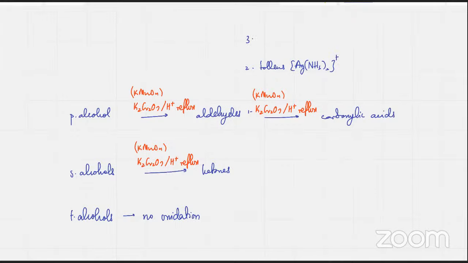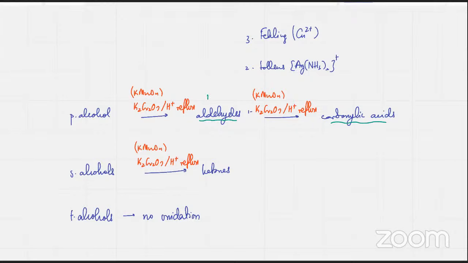And the third reagent does the same thing, aldehyde turning into a carboxylic acid. Number 3 is Fehling's, which has a copper 2+ ion. It's also known as Benedict's solution. It's a blue colored solution. So all three will turn an aldehyde into a carboxylic acid.